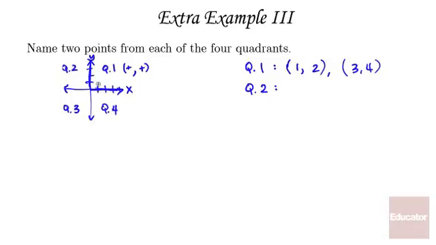Quadrant 2, all points with this part of my x. So those are my negative numbers, right? So a negative x with this part of my y is going to be in quadrant 2.